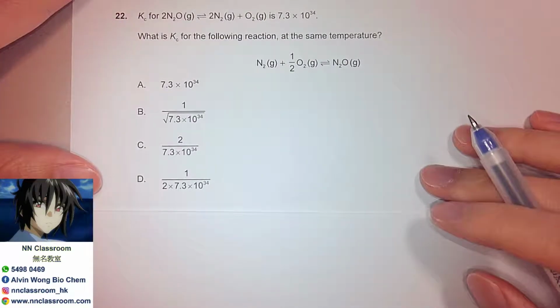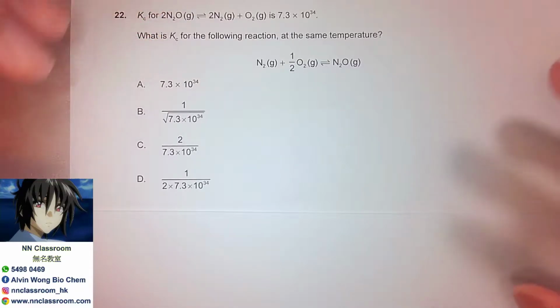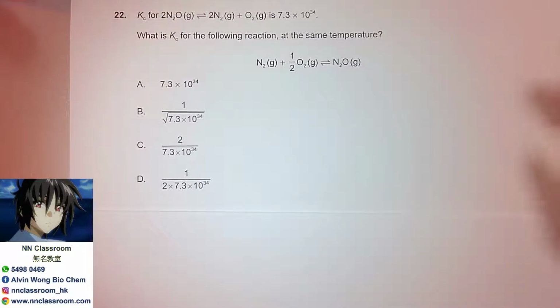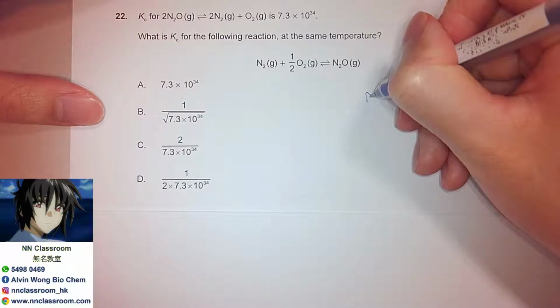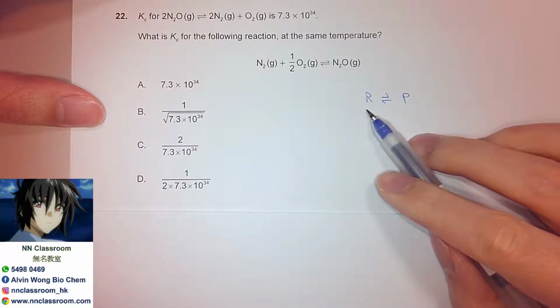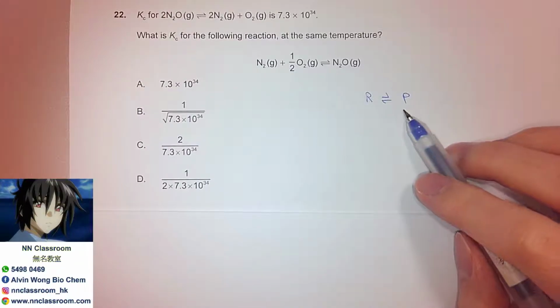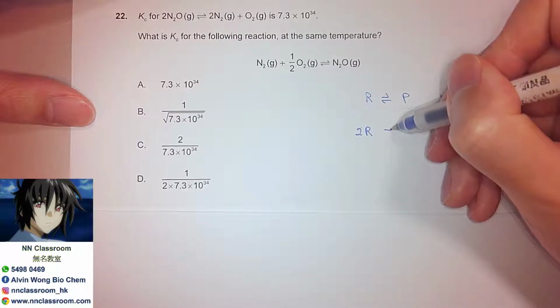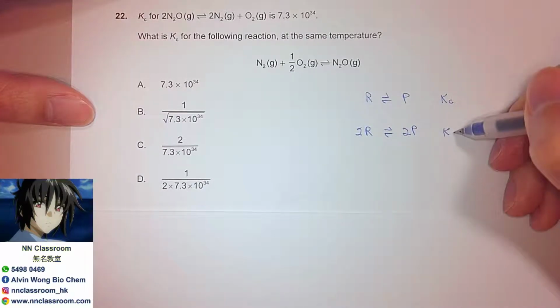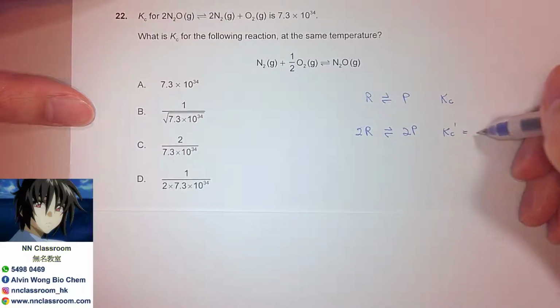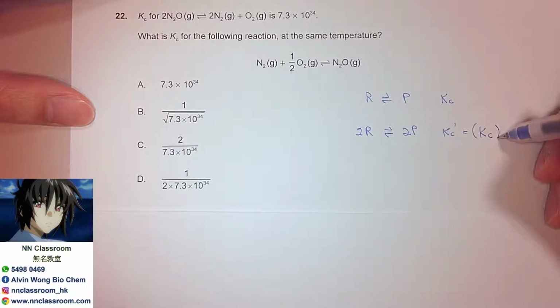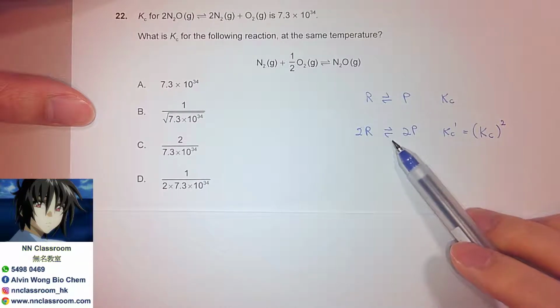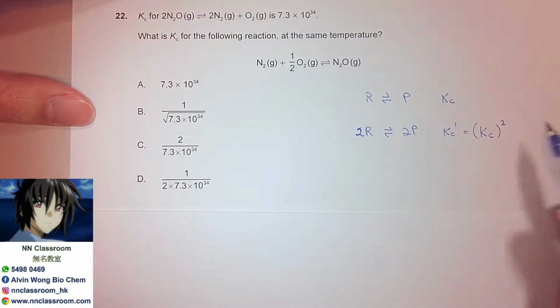Let's see. Here is actually testing a really important fundamental concept relating to how we modify the equilibrium constant based on some given situation. Some foundation first: given a reaction in equilibrium from reactant R to product P, with this being Kc, if we multiply the whole equation by a coefficient, the new Kc, I call it Kc prime, will be equal to the original Kc, but with the coefficient put in the index.